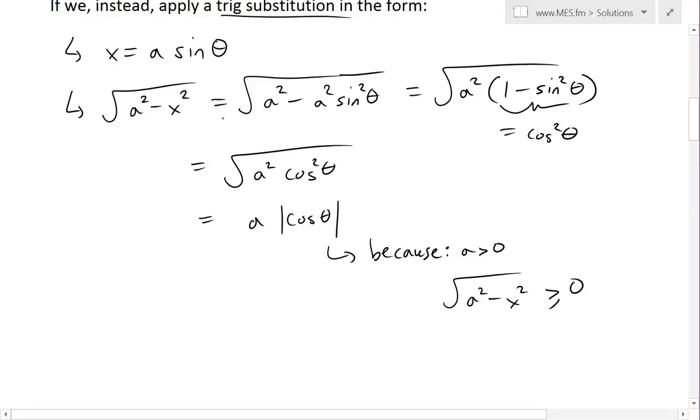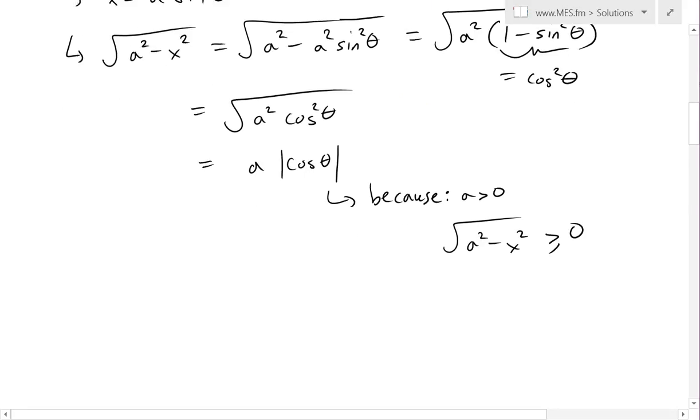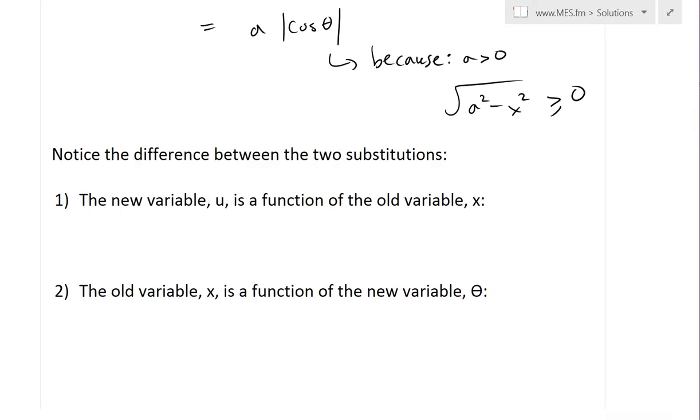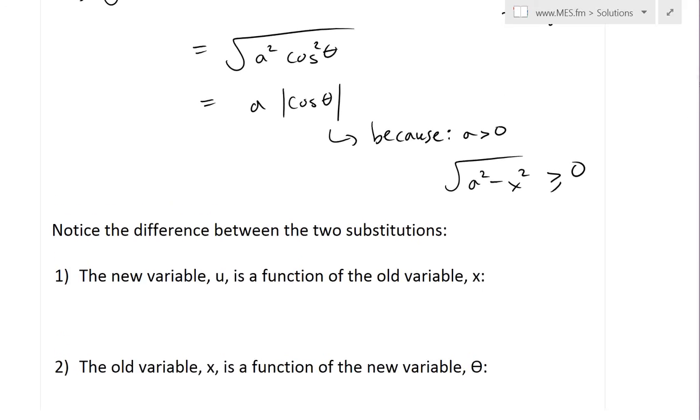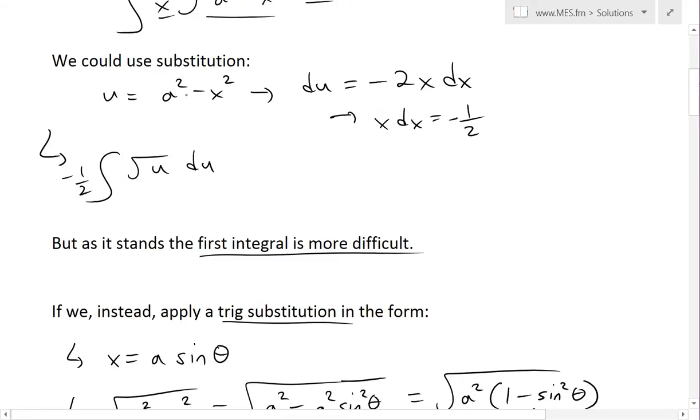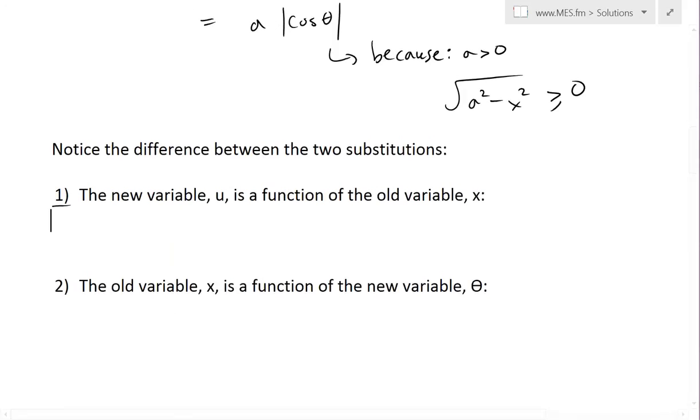So now we've settled the first part, and when you throw this into the integral, it's simplified, so we could eventually solve the integral. Now to recap on the two substitutions we used, notice the difference between the two. The first substitution was u equals a squared minus x squared: the new variable u is a function of the old variable x.